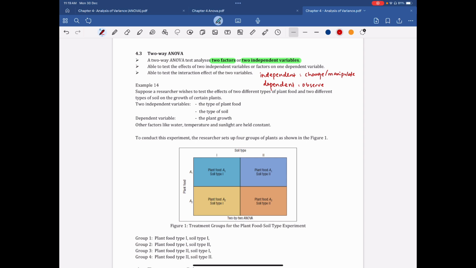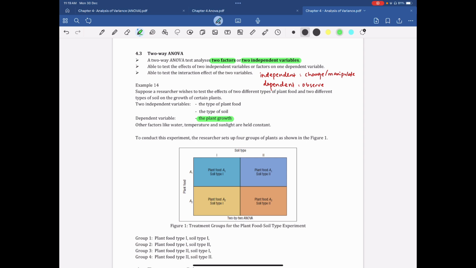For two-way ANOVA, let's say that you have two independent variables, and you are interested to study what happens if you change these two factors. As an example, we use plant growth.